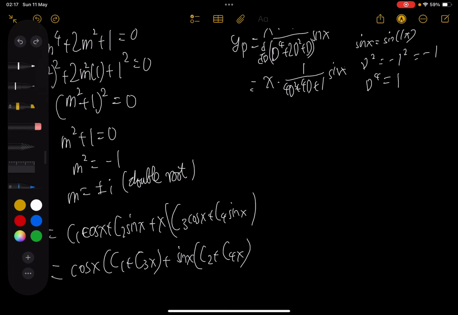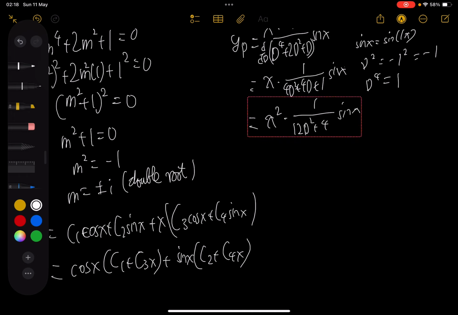Therefore, we are going to take the derivative of the denominator once again. Therefore, you get x squared times 1 over 12D squared plus 4. And whenever you put negative 1 in, finally you get 12 times negative 1 plus 4, which is negative 8, so negative 8 sine x.